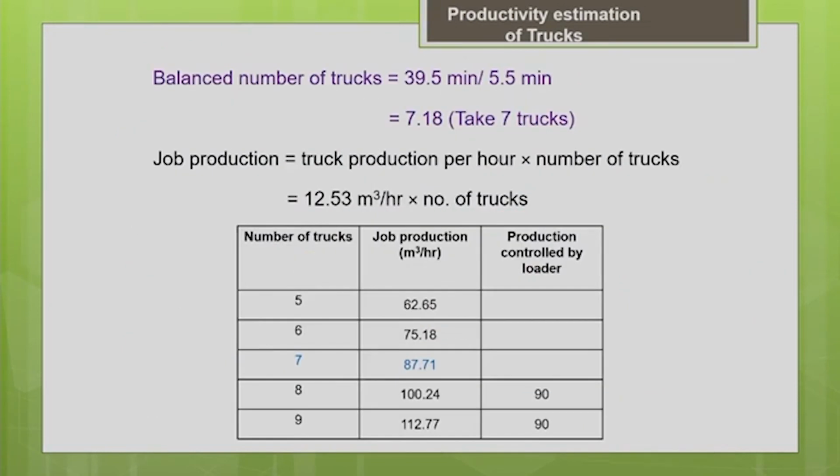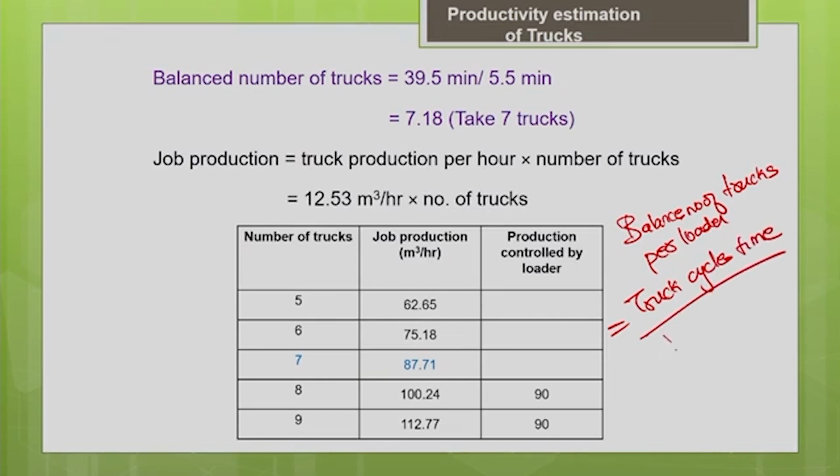Now, let us find the balanced number of trucks needed for one loader. The balanced number of trucks going to be served by one loader is equal to your truck cycle time divided by loader cycle time.